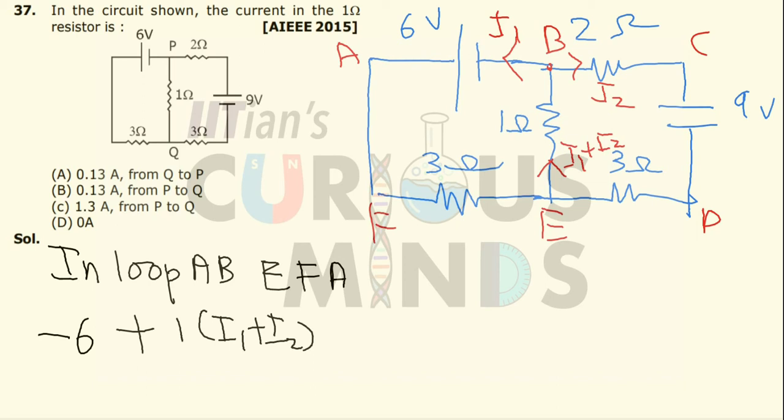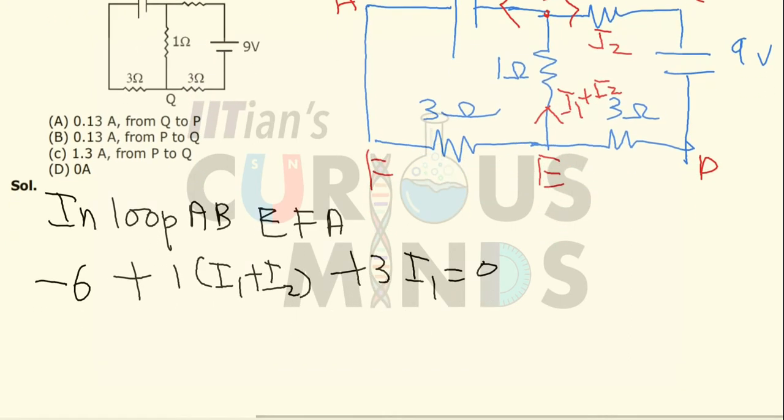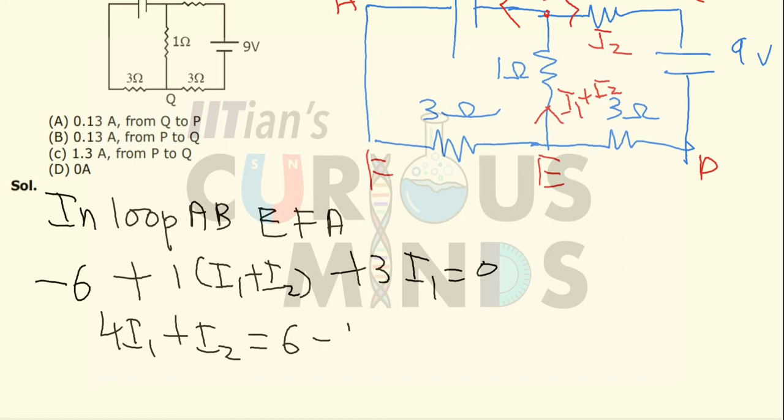While going from E to F, I am going opposite to the direction of the current, so it will be plus 3 into I1, equal to 0. So if I simplify, it will be 4 I1 plus I2 equal to 6. Let this be equation number 1.